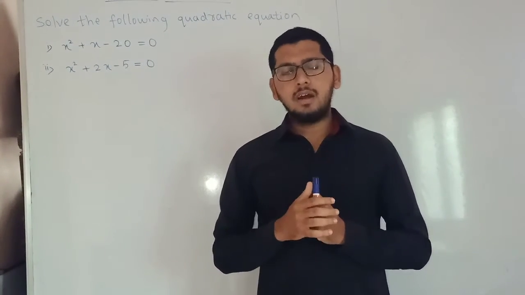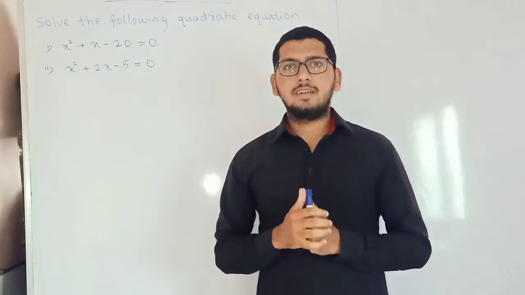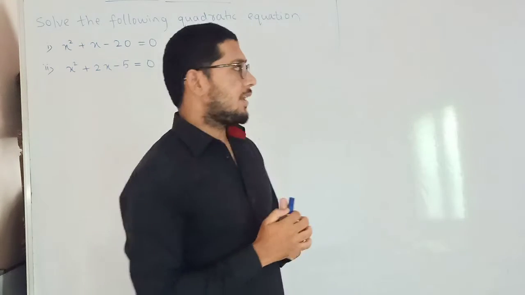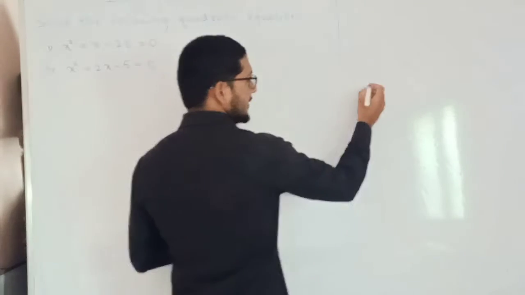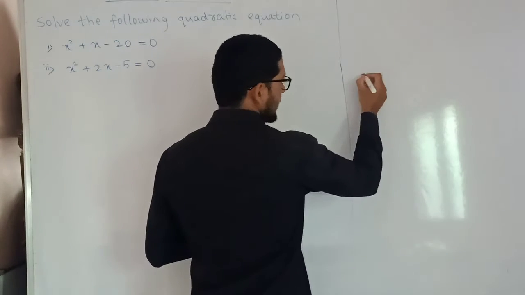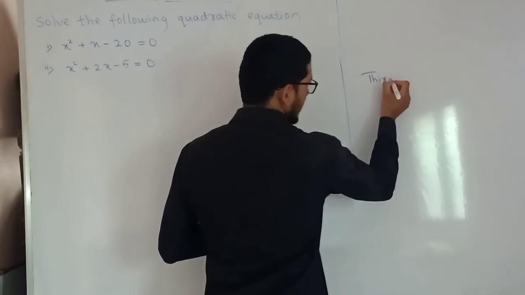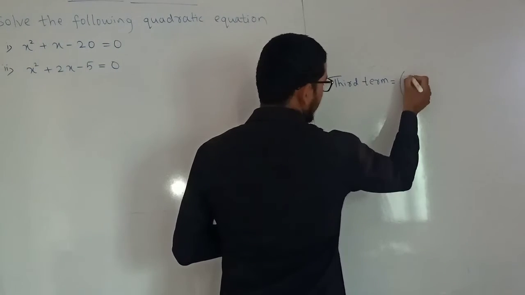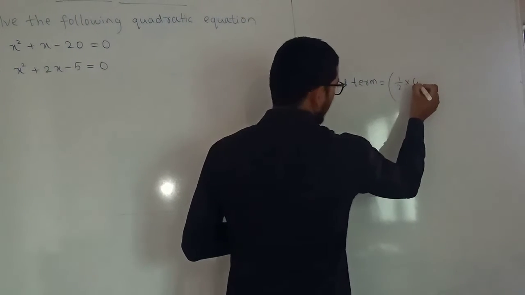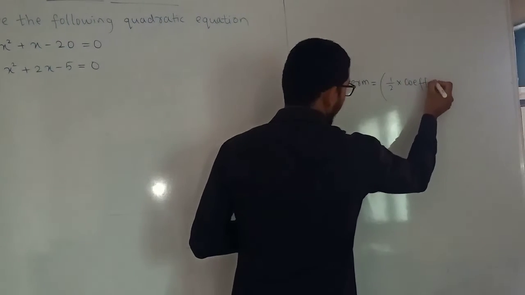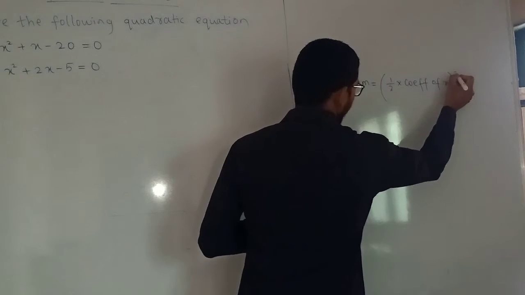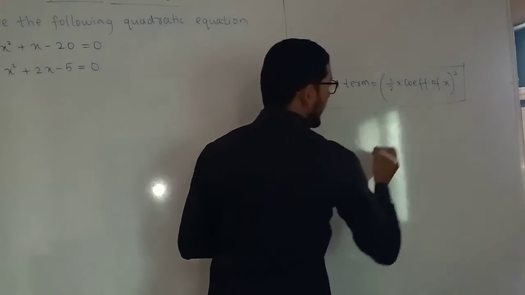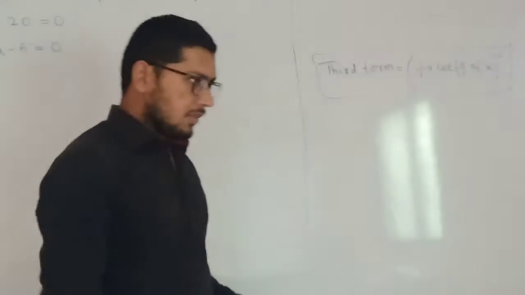There is a formula for completing square: the third term is equal to bracket 1 upon 2 into coefficient of x, bracket whole square. This is the formula for the completing square method.